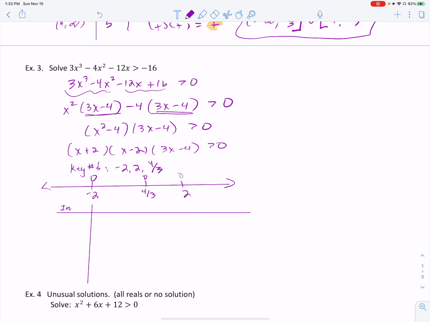So on my intervals, I have -infinity to -2, -2 to 4/3, and then 4/3 to 2, and then 2 to infinity.